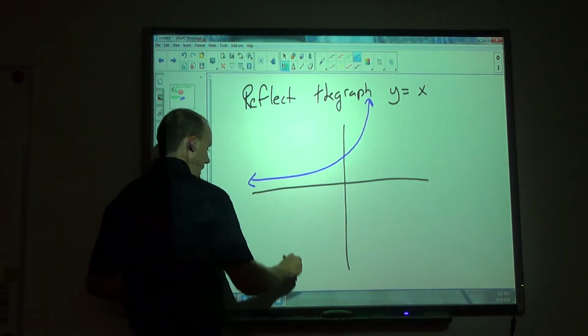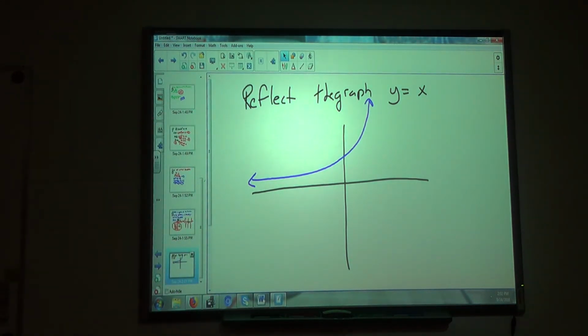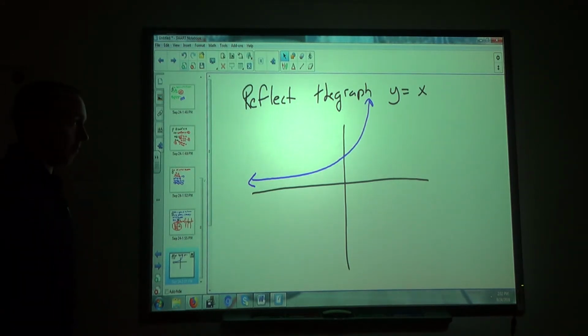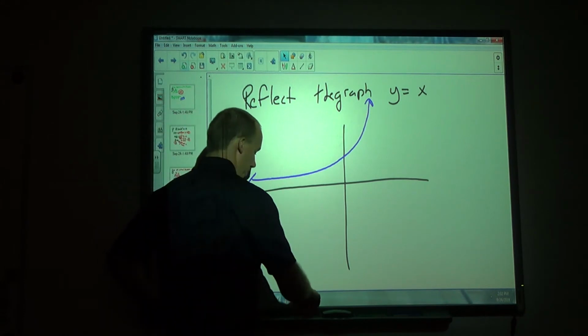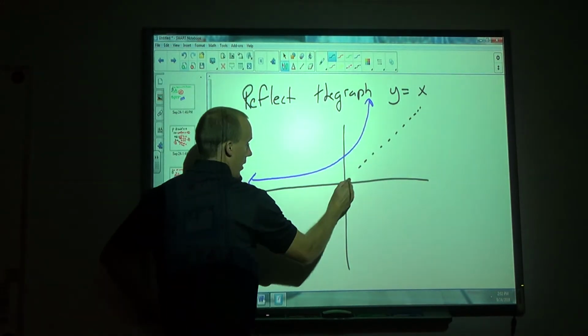Okay, I want you to reflect that over the line y equals x. So the line y equals x would be right here.